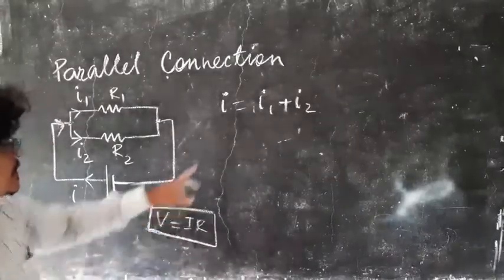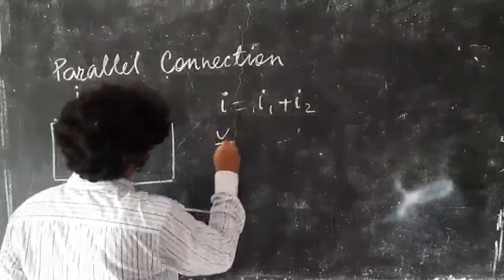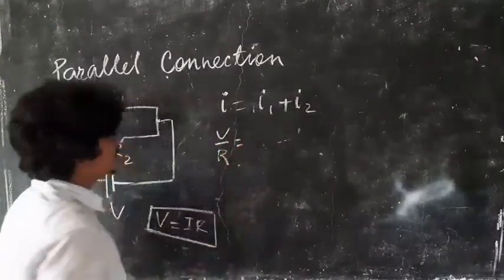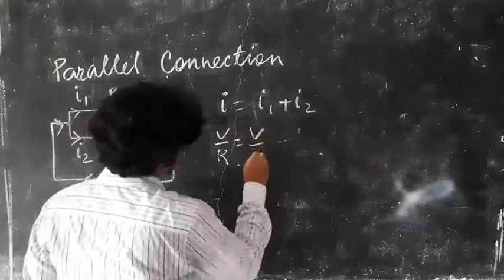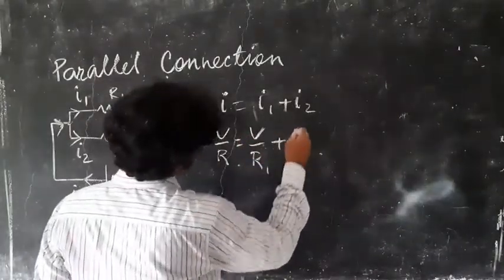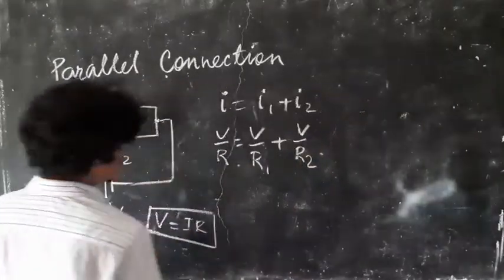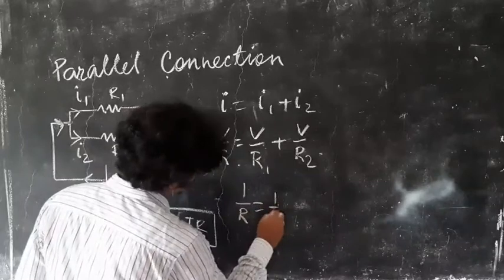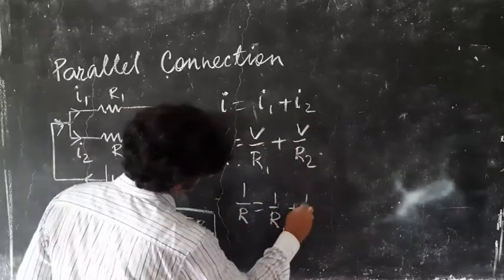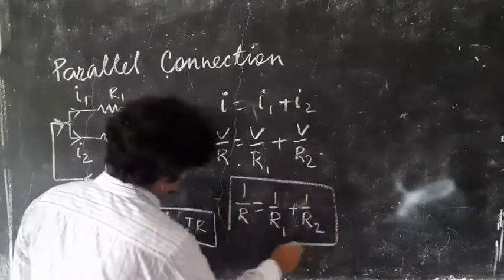So substitute the value of I, which will be V by R. And what is I1? I1 is V by R1. And what is I2? I2 is V by R2. Upon simplifying we get 1 by R equal to 1 by R1 plus 1 by R2. So this is the net resistance of the circuit.